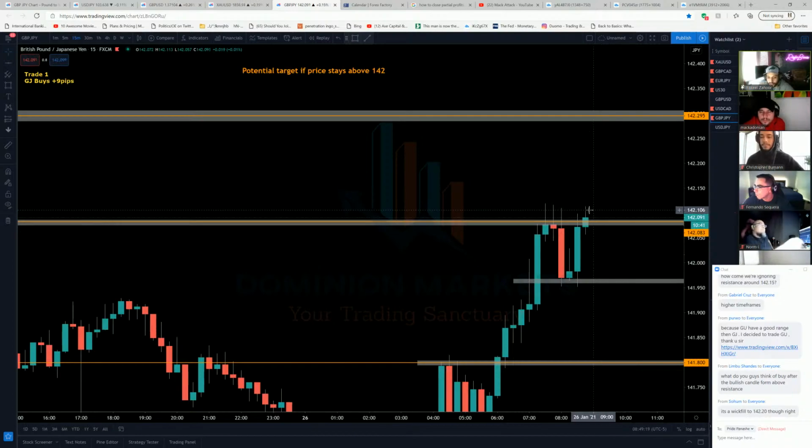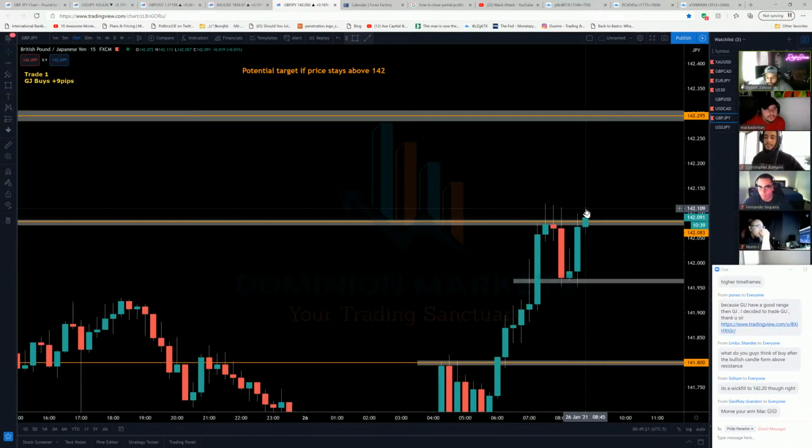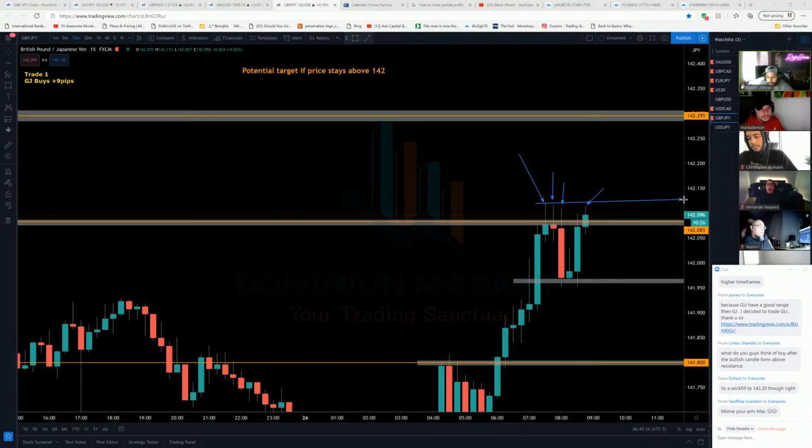The only thing is, whoever's trying to enter at this point, I don't think this is going to be a good entry over here. The only reason is because we rejected here, over here. So we don't know whether this candle is going to reject or not unless we come above this area. Exactly. So just be mindful of that.